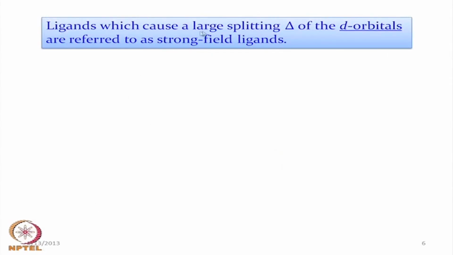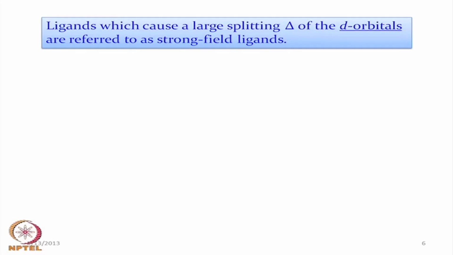So ligands which cause a large splitting of delta value of the d orbitals are referred to as strong field ligands. That means it is providing us a crystal field which is strong enough, and in case of nickel, we see the separation is increasing as we move from water to ammonia to ethylene diamine. That means ethylene diamine has a strong ligand field compared to the water molecule.